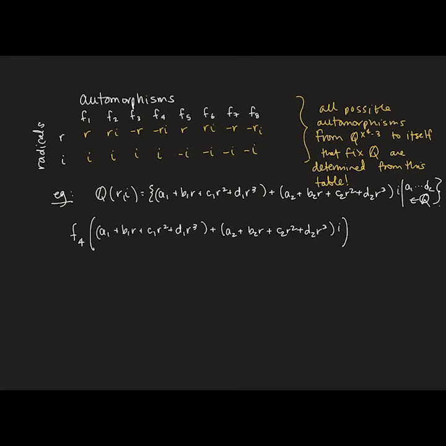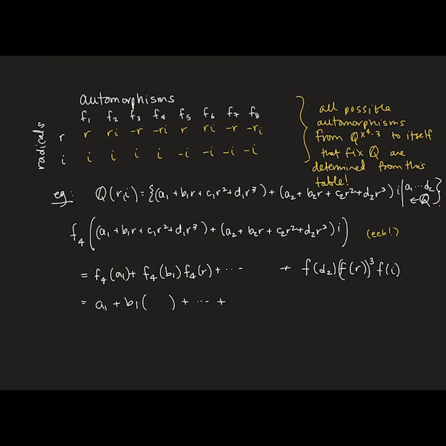And normally we'd have to figure out what does F4 do to a general element, and that's gross. But if we remember how our automorphisms work, we just break apart multiplication and addition, and we get F4 of A1 plus F4 of B1 times F4 of R, and so on. And remember that this automorphism fixes Q. So all the A's, B's, C's, and D's go back to themselves.